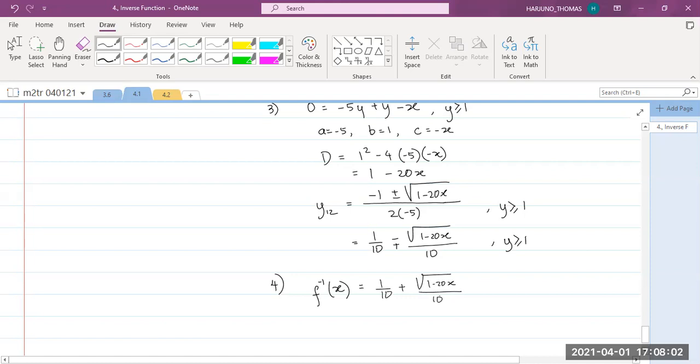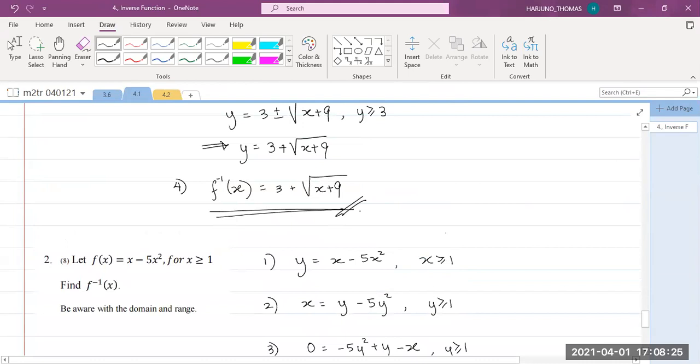But writing it this way is not enough. Why? Because your x may be 0. When x equals 0, then f inverse of x equals 2 over 10, which is 1/5, right? The problem is 1/5 is not in the domain of the original function.